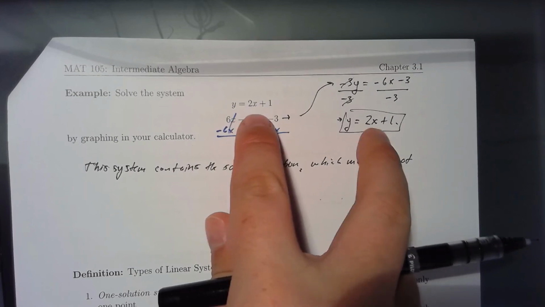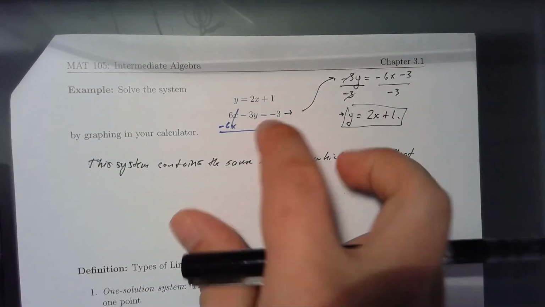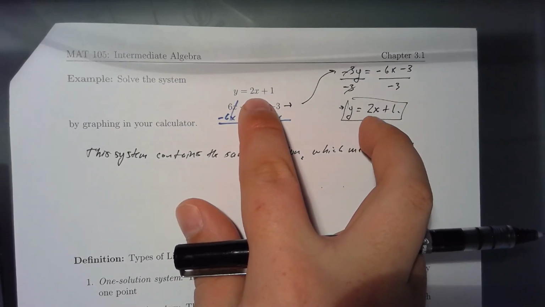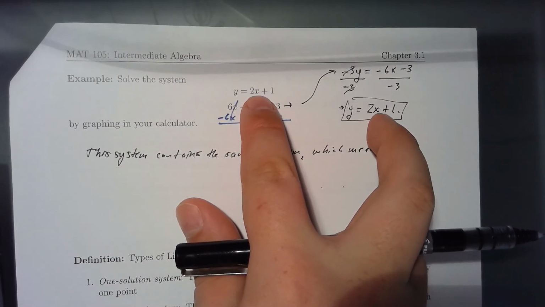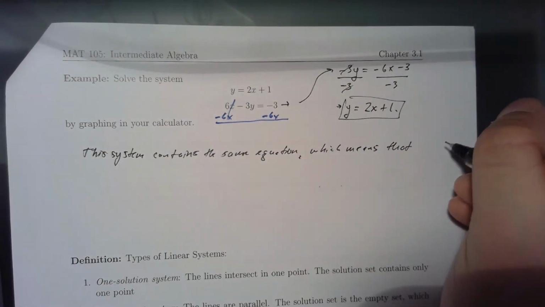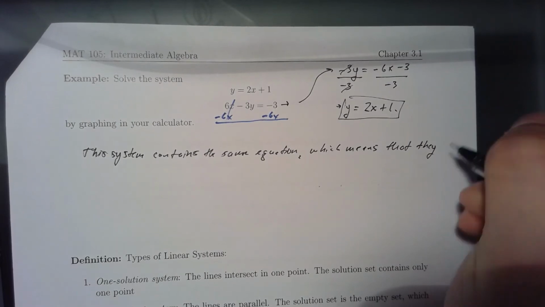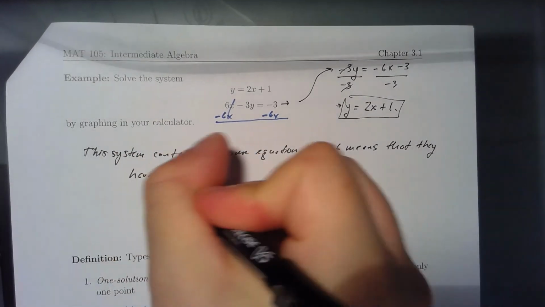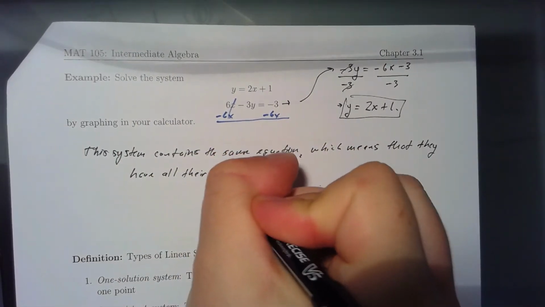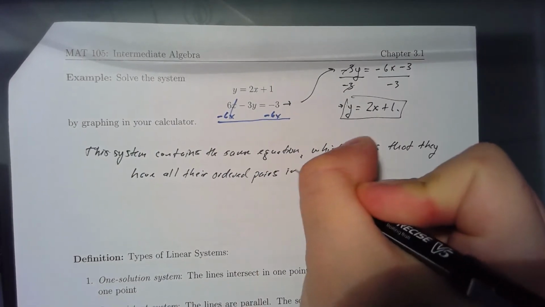Well, remember, a line is comprised of an infinite number of ordered pairs. So since these two equations are the same, they have all of their ordered pairs in common.